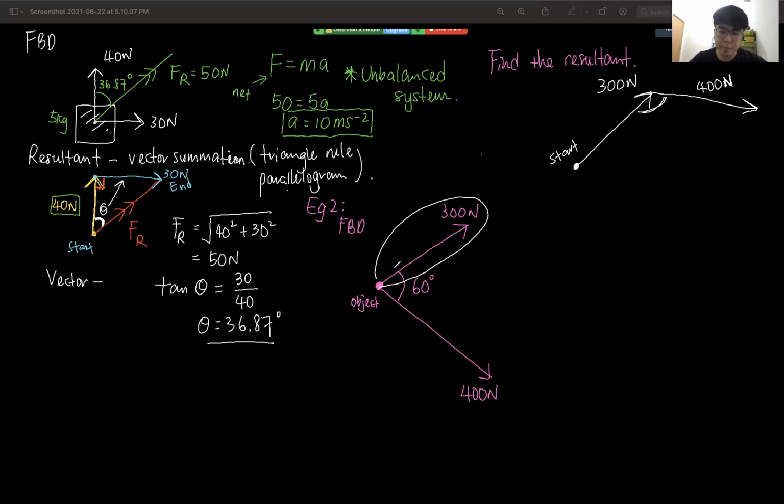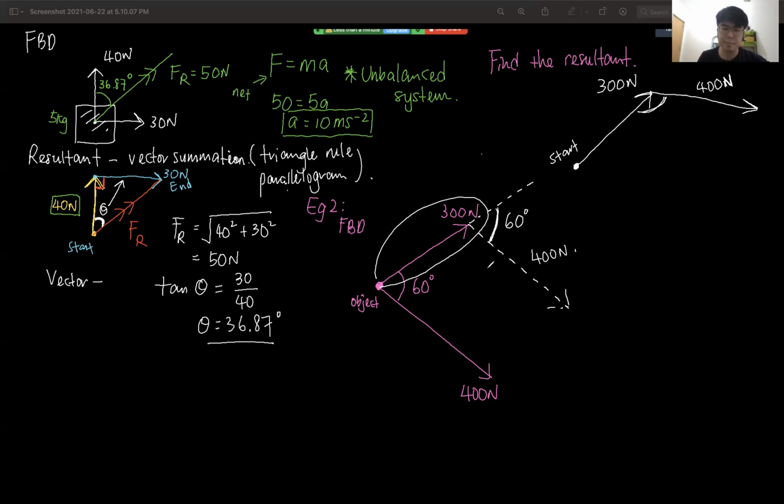You see the diagram, the original diagram. Imagine I draw another parallel line here. This is parallel to the 400. Okay. This one I extend. What is this angle? 60, right?